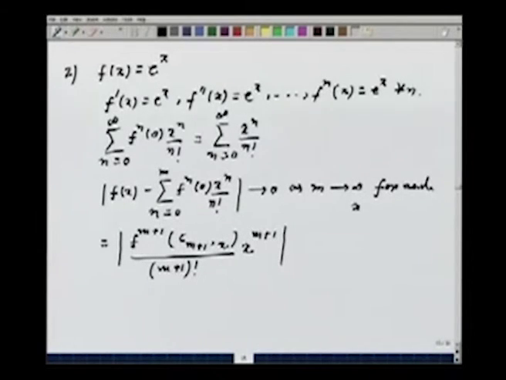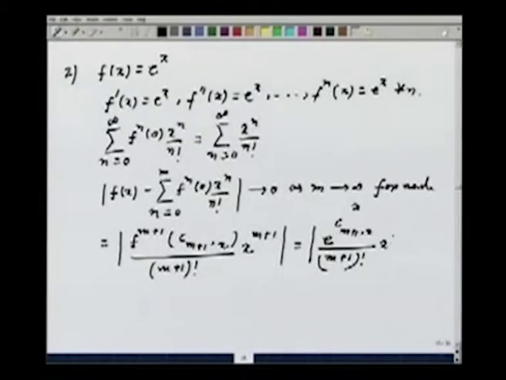Now if I write down all the quantities here, what I get is e to the power c_(m+1,x) divided by (m+1) factorial, because all the derivatives are e to the power x. So at the point c_(m+1,x), it is e to the power c_(m+1,x) times x to the power m plus 1.